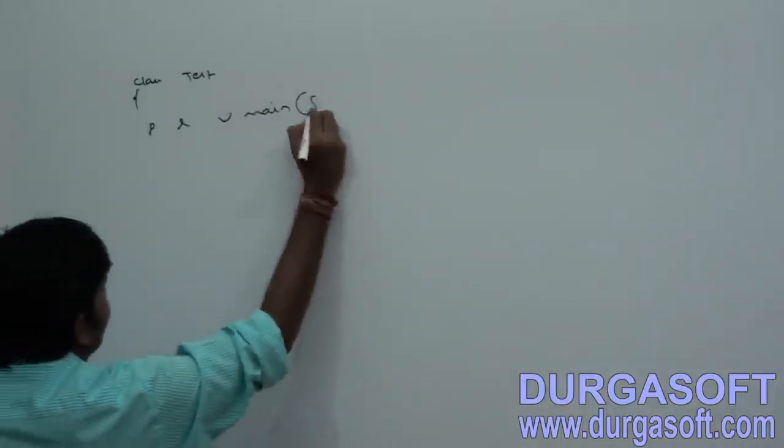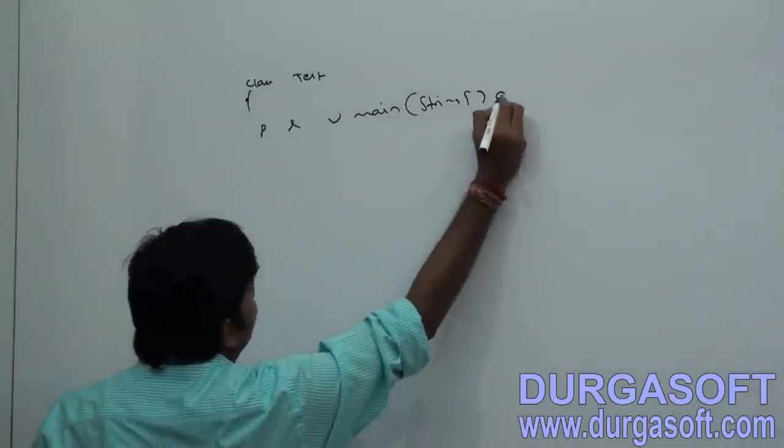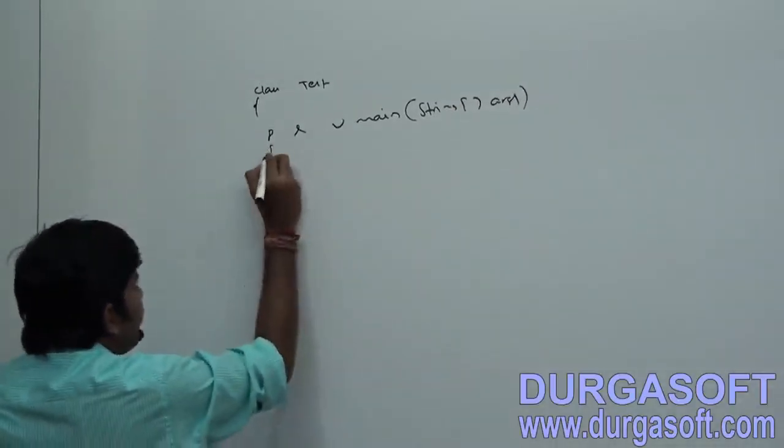Some invigilator gave the question: write a program to find the square of a given number. Very smart people, how are they going to write it? Just observe this one. Class Test, public static void main(String[] args).